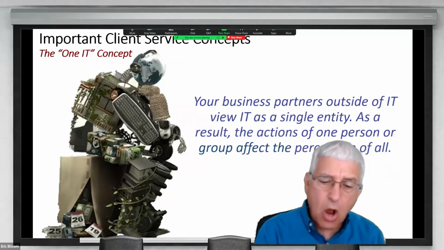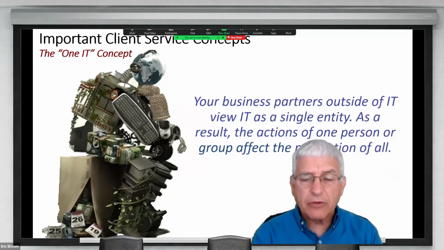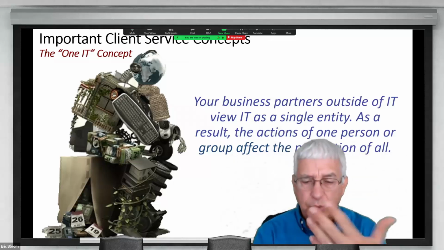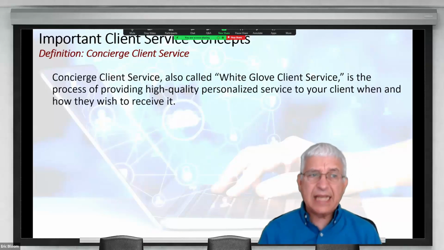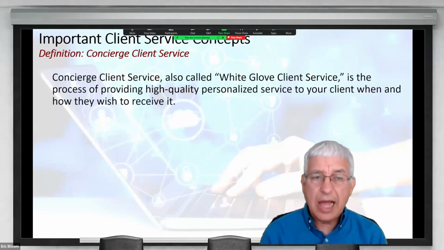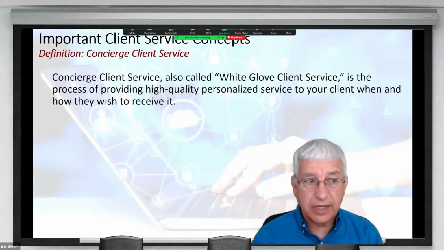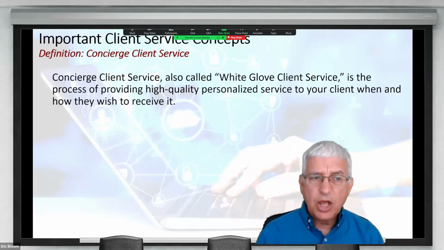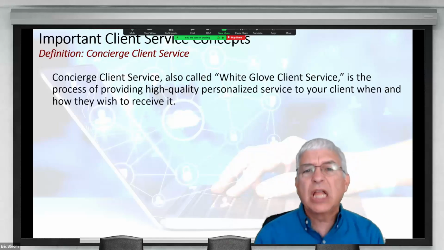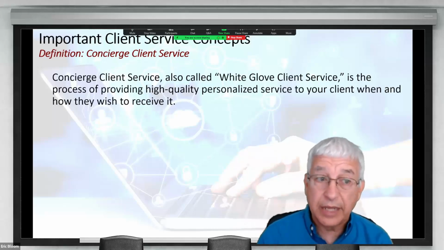Now, one concept has actually been around, and I would even say it's a trend that has been around for a while, but is continuing to increase and build momentum. It's the idea of concierge client service, which is also called white glove client service. It's really providing high quality, specialized service to clients when and where and how they would like to receive it.